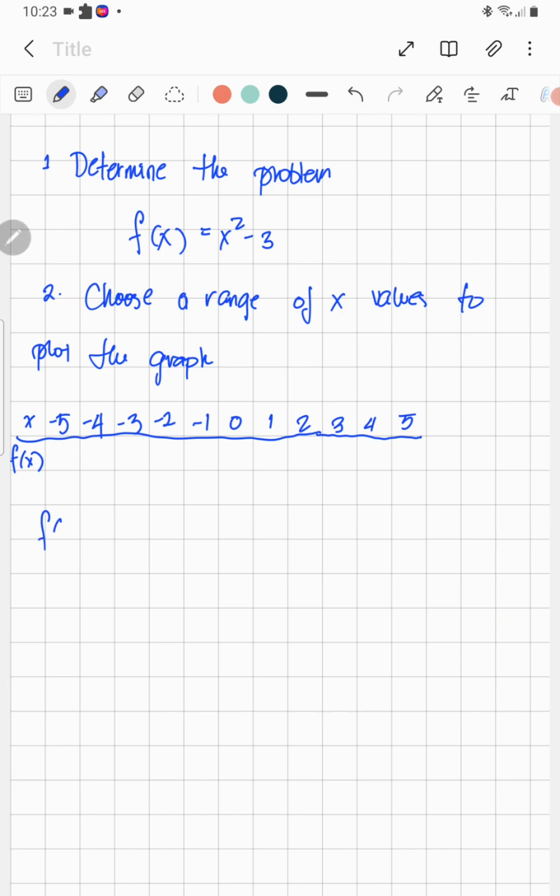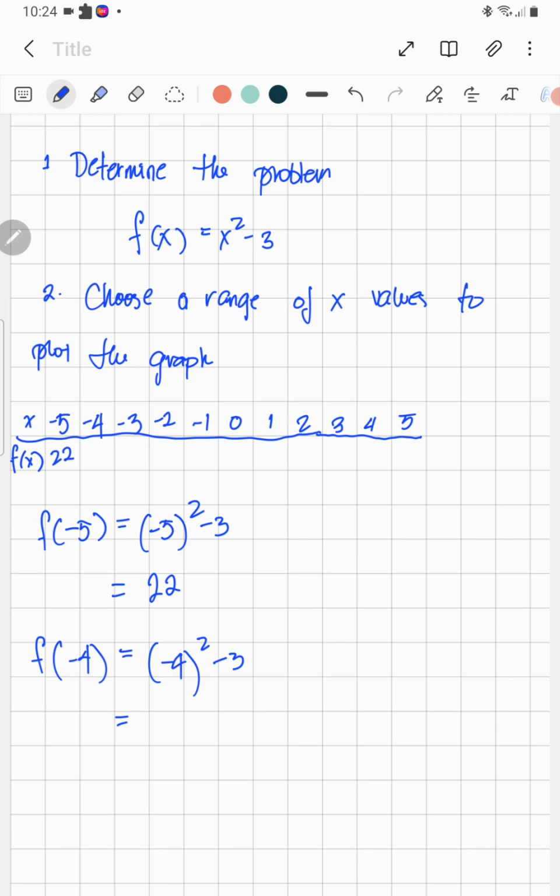So, f of negative 5 is equal to negative 5 squared minus 3, is equal to 25 minus 3, that would be 22. Then the next, we also have negative 4. f of negative 4 is equal to negative 4 squared minus 3, the answer is 13. So, yun yung magiging process natin dito.